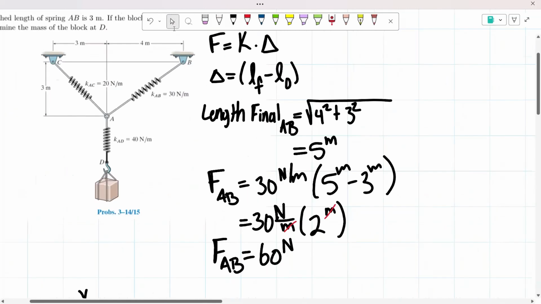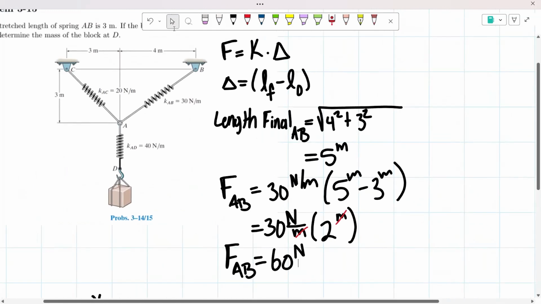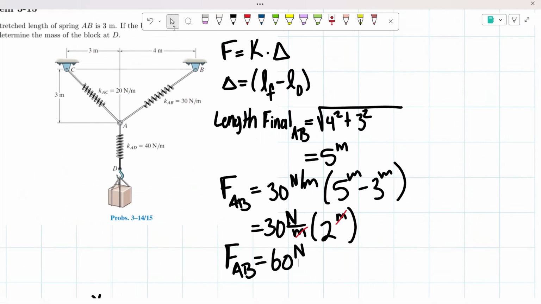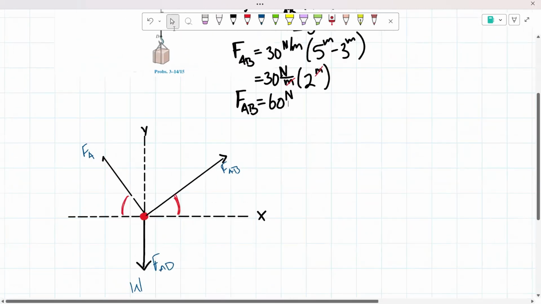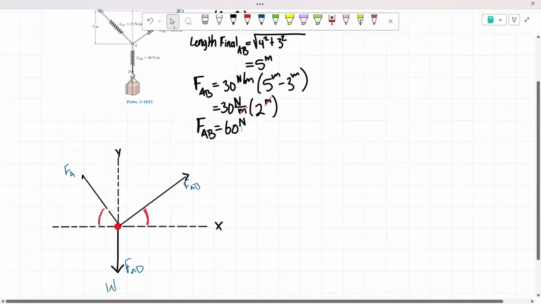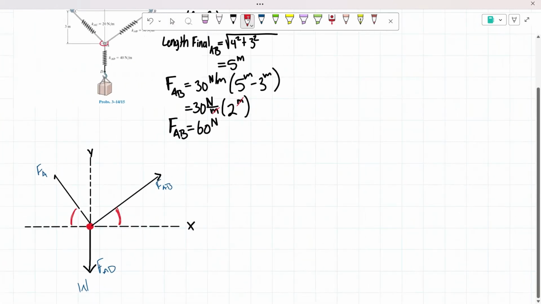Now that we were able to find the force of the spring AB, we're going to proceed by drawing a free body diagram of the figure that was given to us, just to help us determine the rest of the forces of the other springs. I already drew it out here. As you can see, we have point A right here.